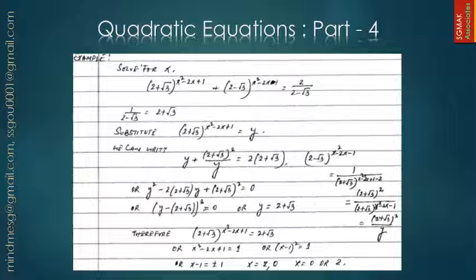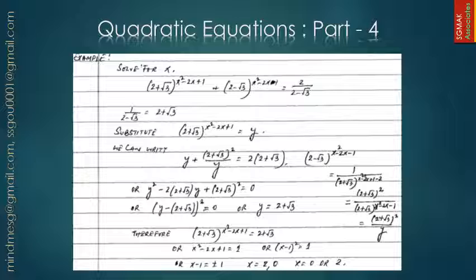So it's a quadratic equation in y, and it's a perfect square: y minus (2 plus square root of 3), the bracket closed, squared equals 0. So this quadratic has two identical roots, each equal to 2 plus square root of 3.